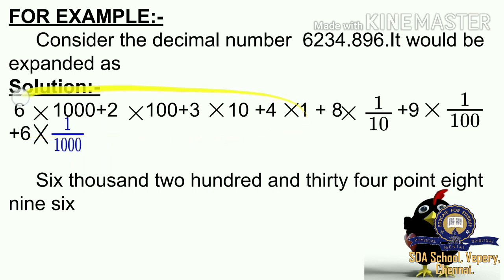These are all in the form of whole numbers, okay? After the point, 8 into 1 divided by 10 plus 9 into 1 divided by 100 plus 6 into 1 divided by 1000. If we convert these fractions, it will come out as the decimal fraction 6234.896. Okay.